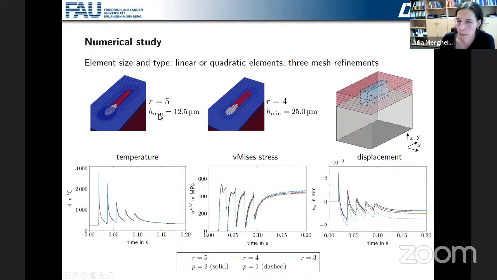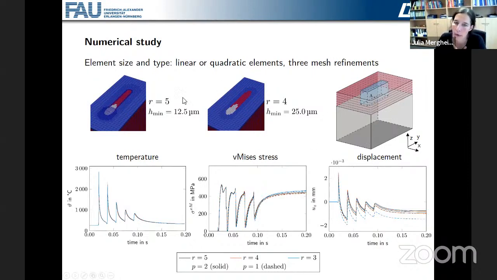All meshes are adaptive, but the minimum element size, as can be seen here in the pictures, is different. For the refinement step 5, that is the finest one, we have a minimum element size of 12.5 microns. For R equals 4, we have 25 microns, well, roughly 6 elements over the melt pool width.